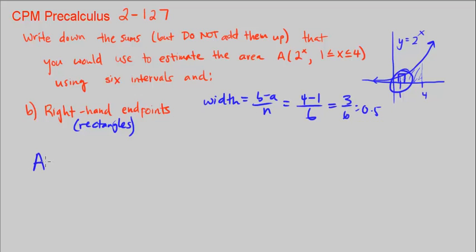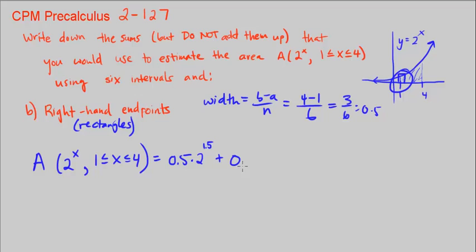Okay, so then the area using right-hand endpoints for our rectangles between 1 and 4 is going to be, the base is 0.5 again, and the height now, we're going to start with the height not at x is 1, but at x is 1.5. So we're going to start at 2. So our formula is 2 to the x, so it's 2 to the 1.5 power.